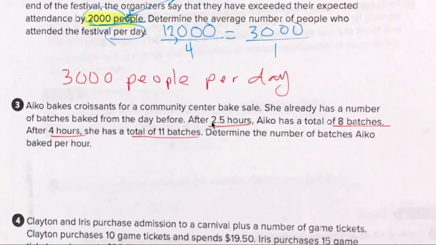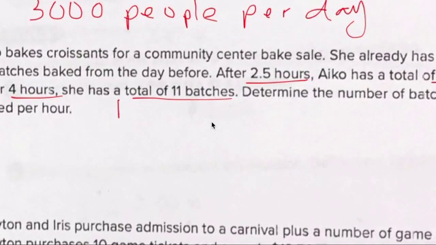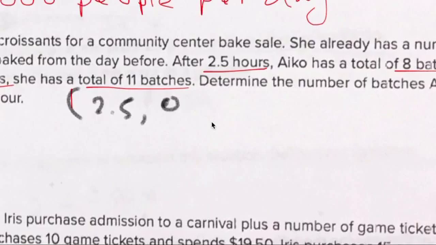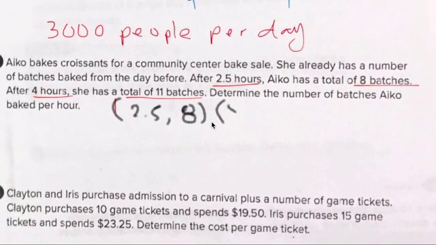Okay, at least that's a normal one, right? Hour is 2.5, 8 batches, and the other one is 4 hours, 11, not bracelets, batches of croissants.